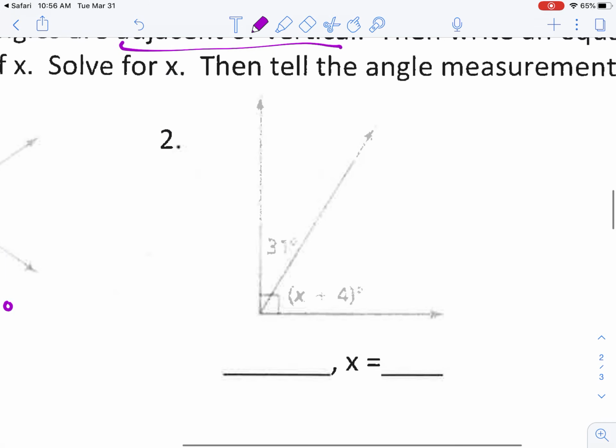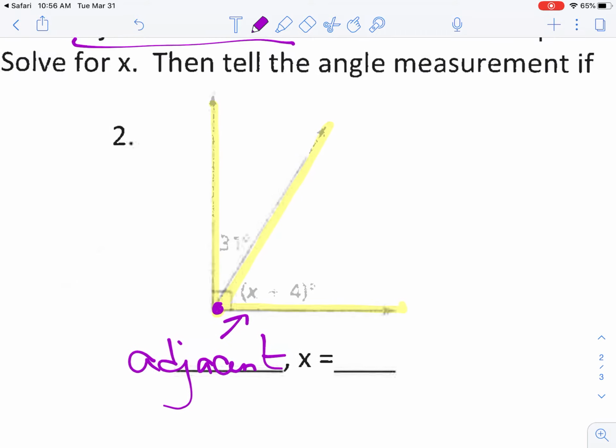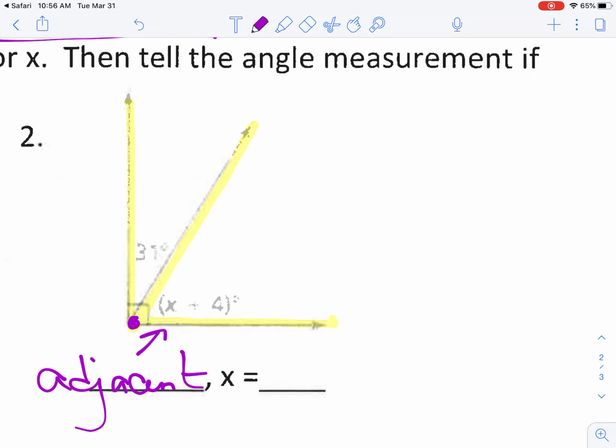Okay. Number 2, if I look at these angles, they share a common side. They share a vertex. So these angles must be adjacent. Okay, so now we're going to solve for that x, okay?